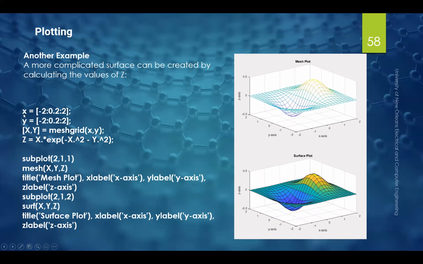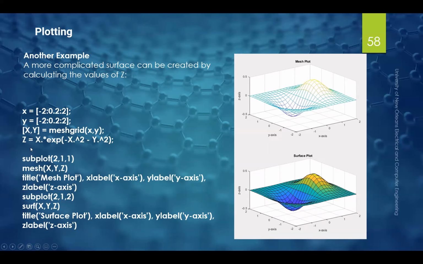Again, we define x as going from -2 to 2, and y is going from -2 to 2, in increments of 0.2 for each case. And we then use meshgrid to create a mesh from these coordinates so that the plot is going to use these new generated matrices, capital X, capital Y, to understand where to put the individual coordinates here for the plot.